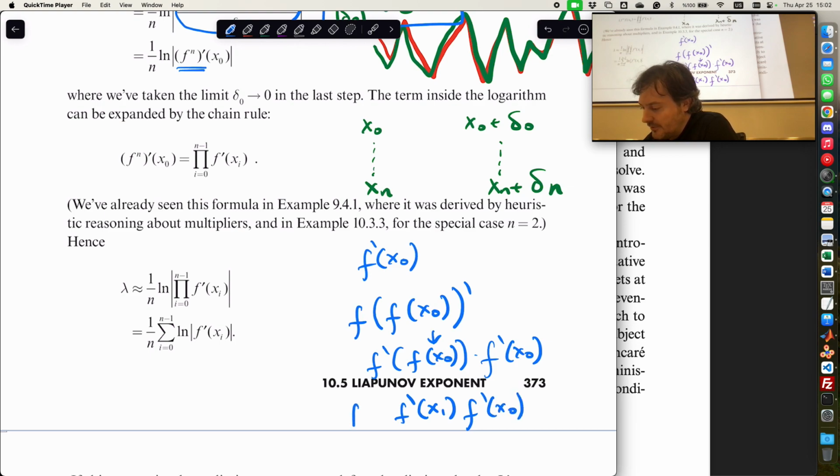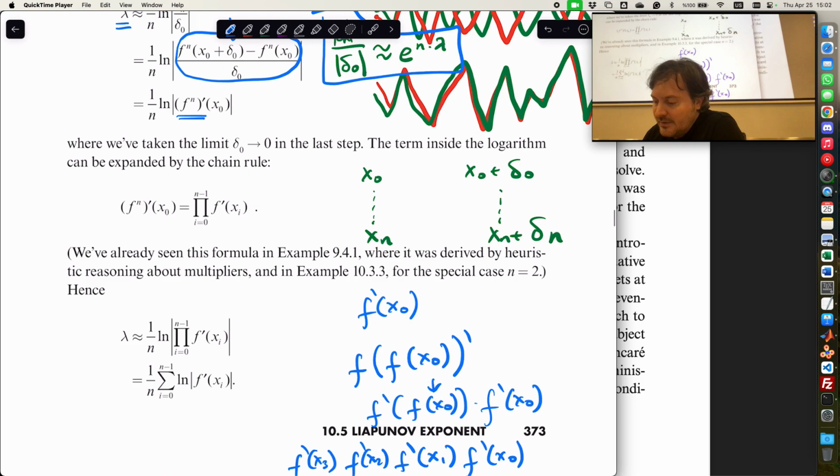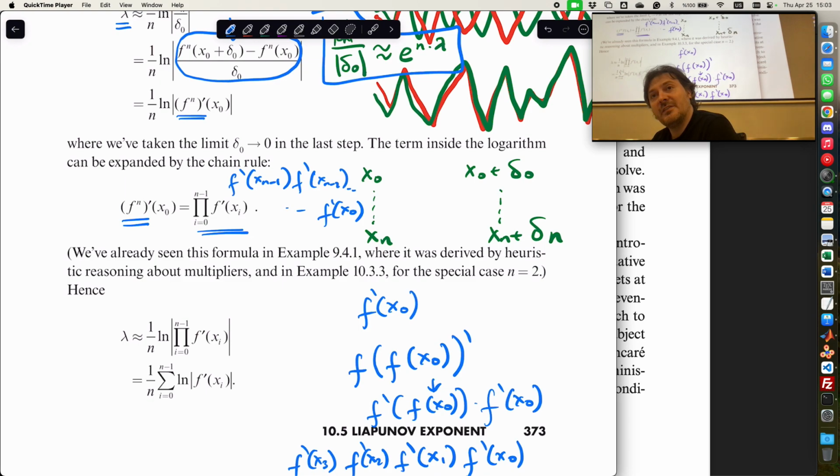If you want to go further, f prime x2, f prime x3. So the derivative of f^n is just the multiplication of f prime xn minus 1 times f prime xn minus 2 until f prime x0. Does it make sense? And when you take the ln, that multiplication becomes a summation.